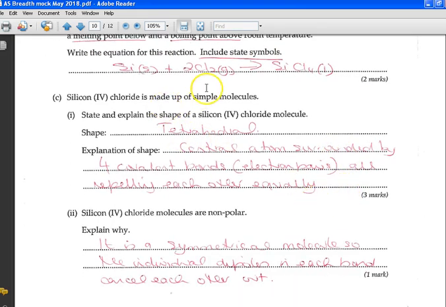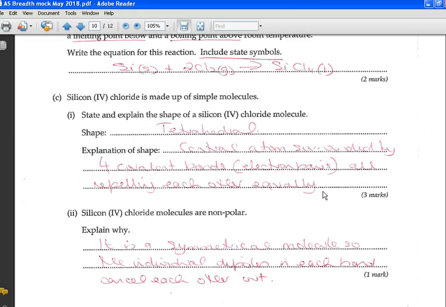Again, it's telling you that it's made of simple molecules and asking you to explain the shape. So this will be tetrahedral because it's a central atom surrounded by 4 other atoms. Yeah, we've got 4 covalent bonds, i.e. electron pairs, and they all repel equally. And that is a standard answer for explaining the shape of a molecule, of a bond angle.